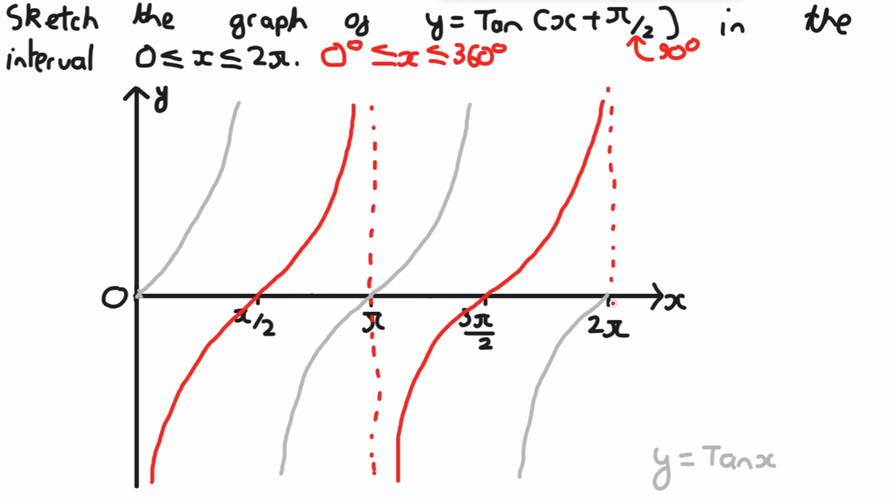I know you can't see it because we haven't drawn the other side of this interval, but there will be an asymptote here, and there will also technically be another asymptote here as well at 0. So this is the graph of y is equal to tan of x plus pi over 2.